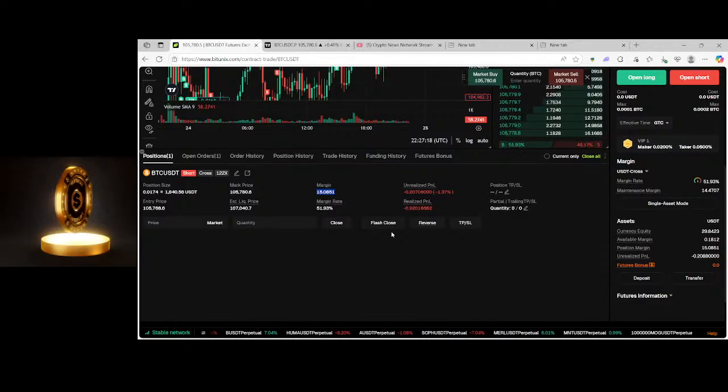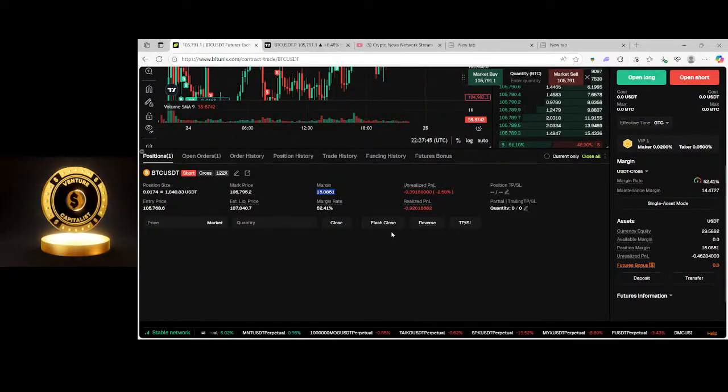So if you're going long and you put the price higher than the current price, it will buy down to the current price. If you're shorting and you put the price lower than the current price, it will buy up to the current price, right? Just think of it like this: you can't buy something cheaper than it is to go long, and you can't short something for more than it is.